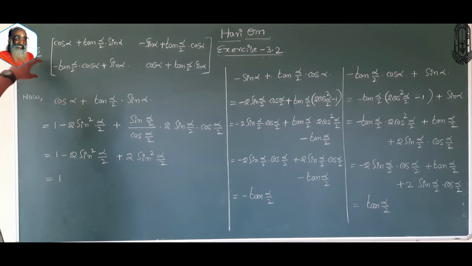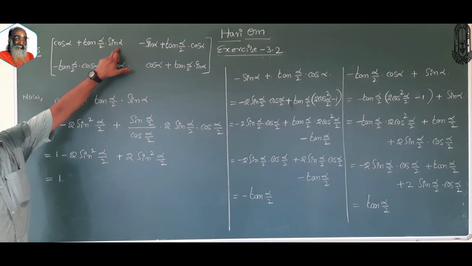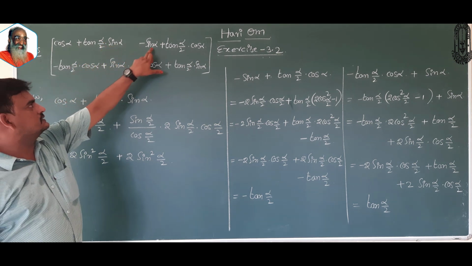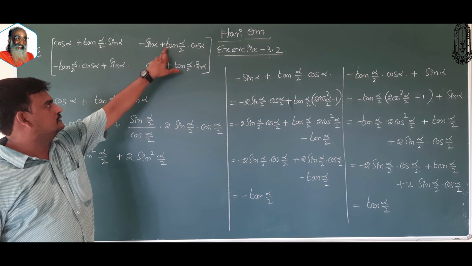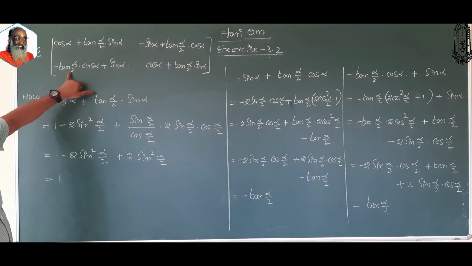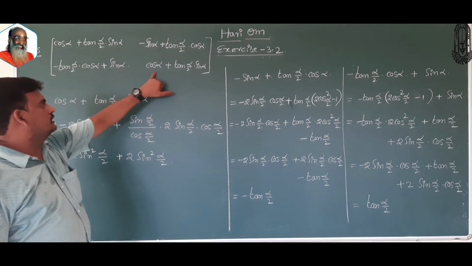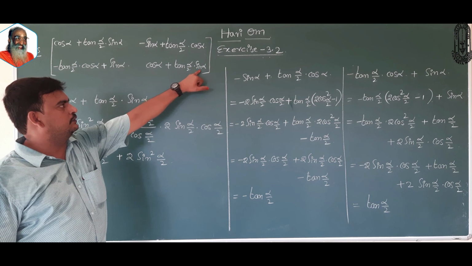Now let us continue here. The RHS we got: cos alpha plus tan alpha by 2 into sin alpha, minus sin alpha plus tan alpha by 2 into cos alpha, minus tan alpha by 2 into cos alpha plus sin alpha, cos alpha plus tan alpha by 2 into sin alpha.